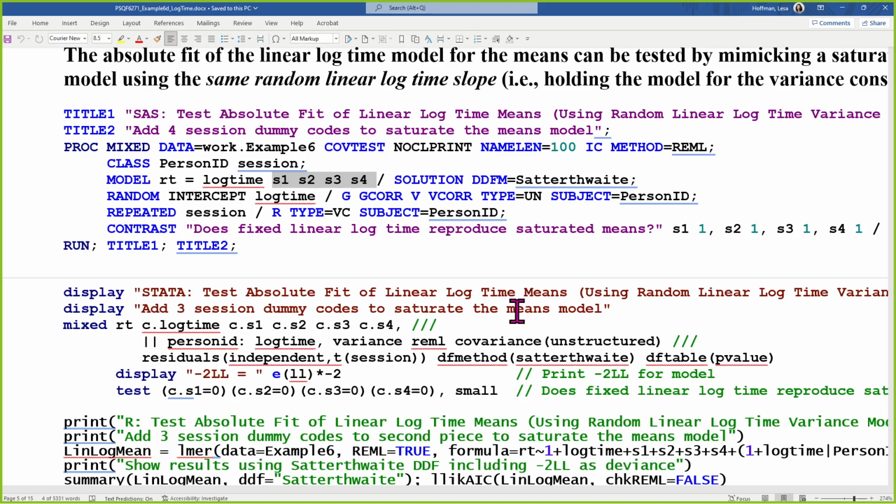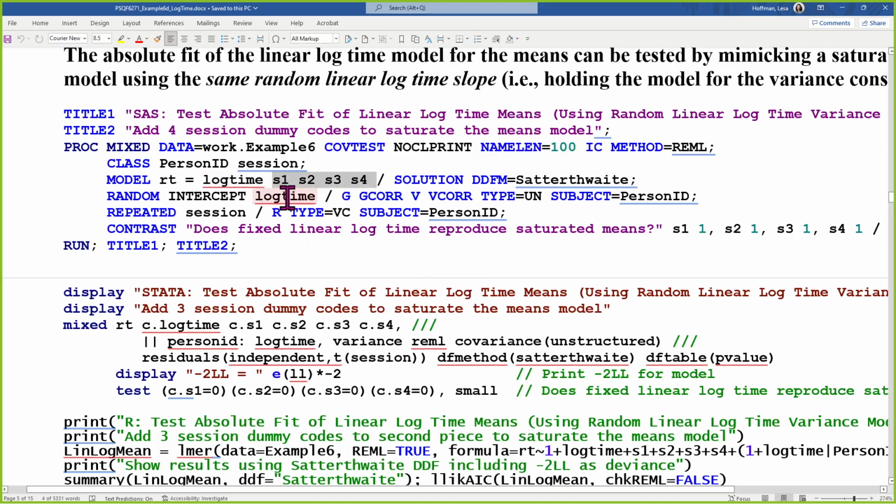The total of 6, though. Total of 6. Now, what do I have in my model? How many fixed effects did I have before? 2. Log time is one of them. What's the other? The intercept. Yes. So given that I could spend up to 6, and I've only spent 2, that's how I know that I need 4 more.